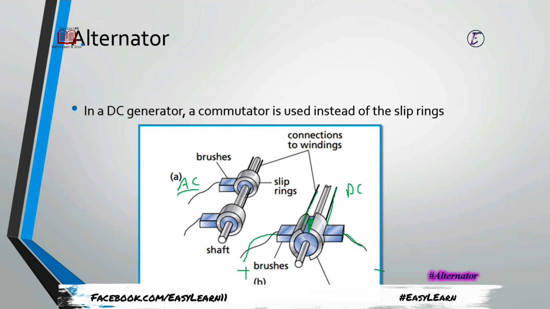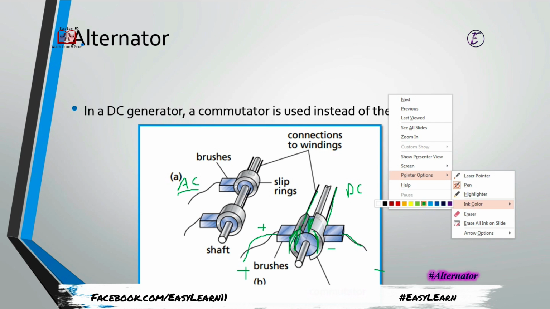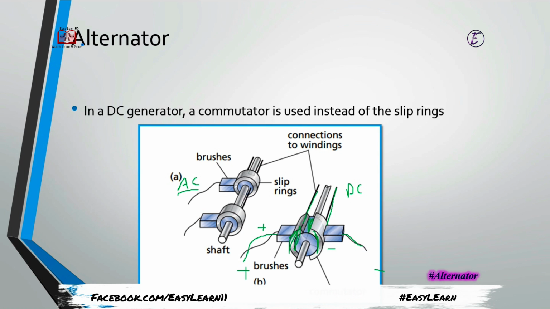The commutator is rotating, but when this portion comes towards the left side, it will behave as positive, and then this portion will behave as negative, while when this portion comes to the other side, the half of the commutator which was behaving as negative in the first half cycle is now behaving as positive, while the other will be behaving as negative because there is a disconnection and insulating material between them.